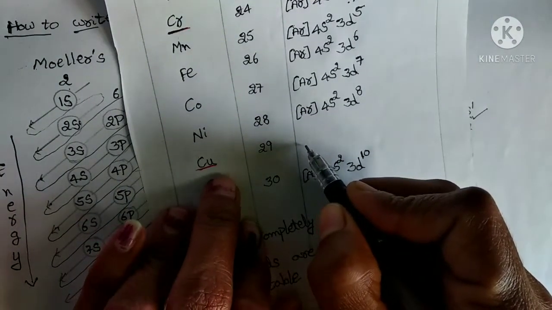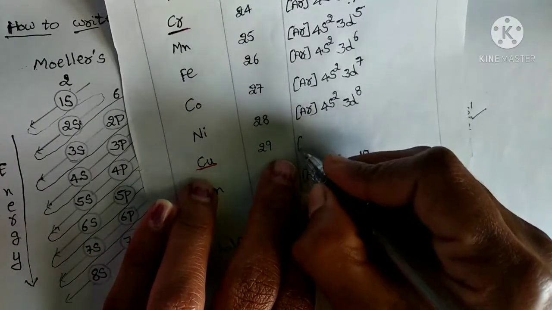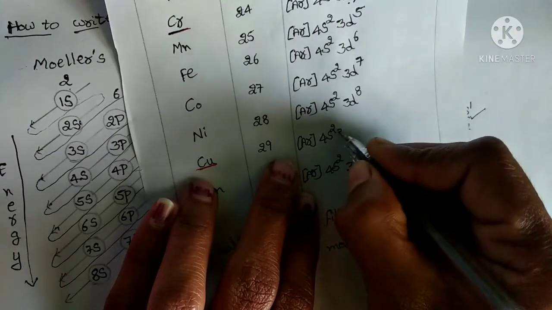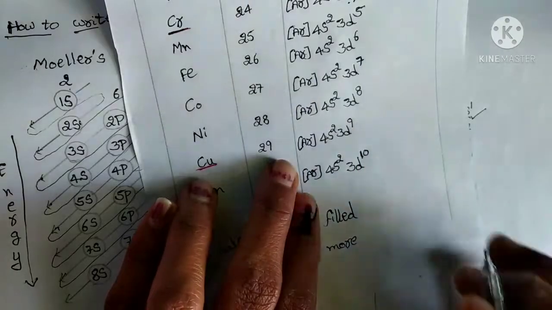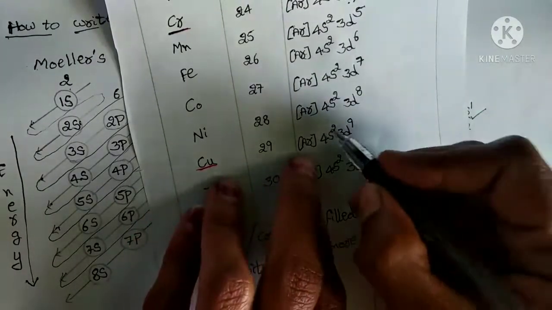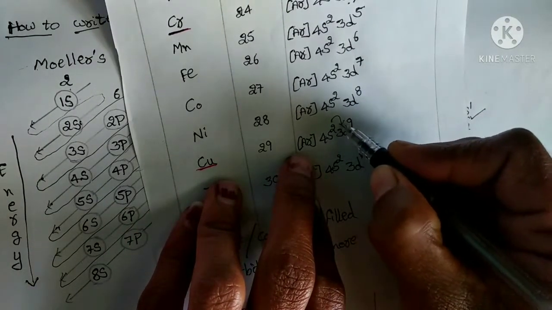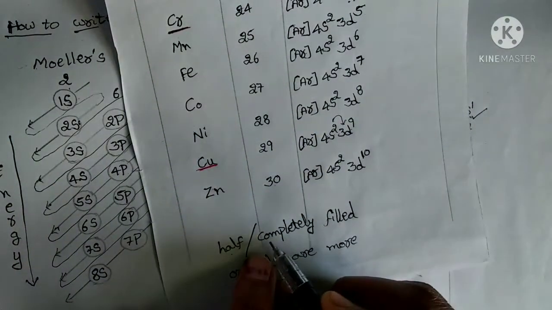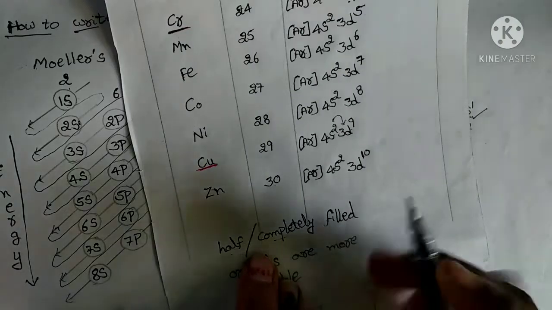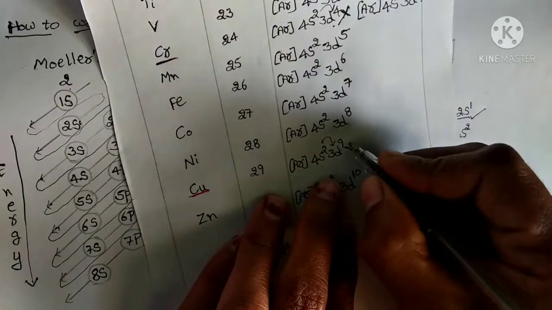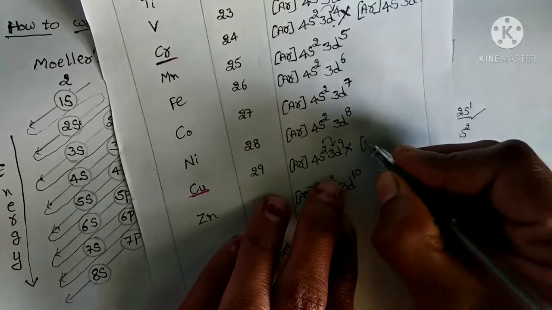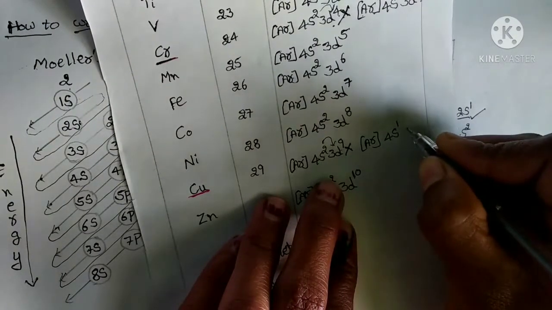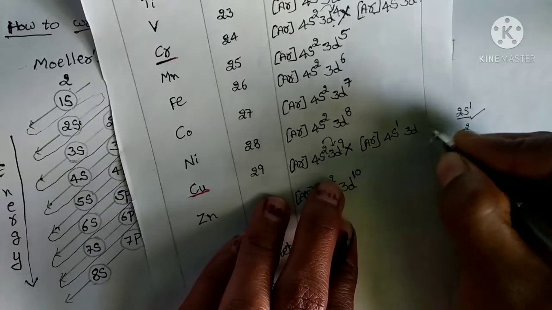The same explanation applies in the case of copper also. Actually copper has to get this electronic configuration, right? 4s2, 3d9. But in this case also, if one electron is transferred from 4s to 3d, what will happen? The d orbital will fill completely, right? So instead of this, to get more stability, copper also will show a different electronic configuration.